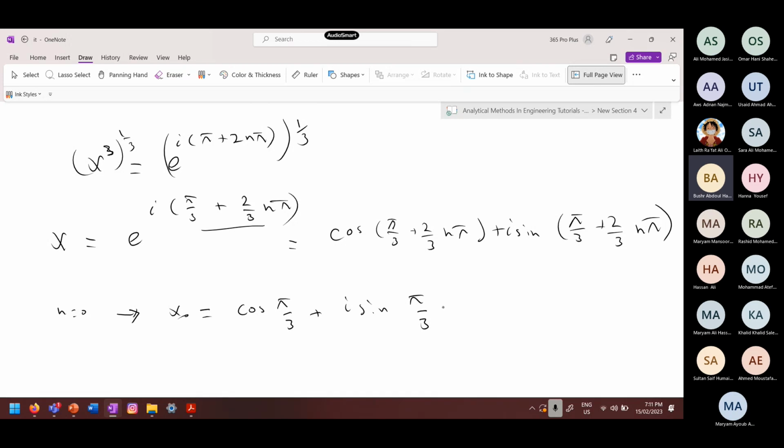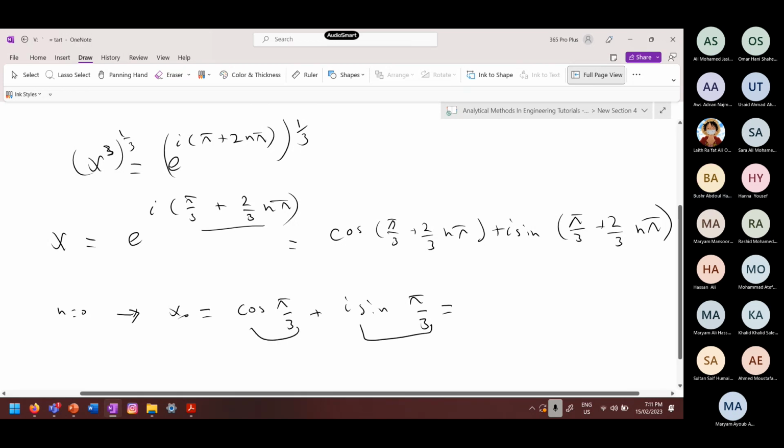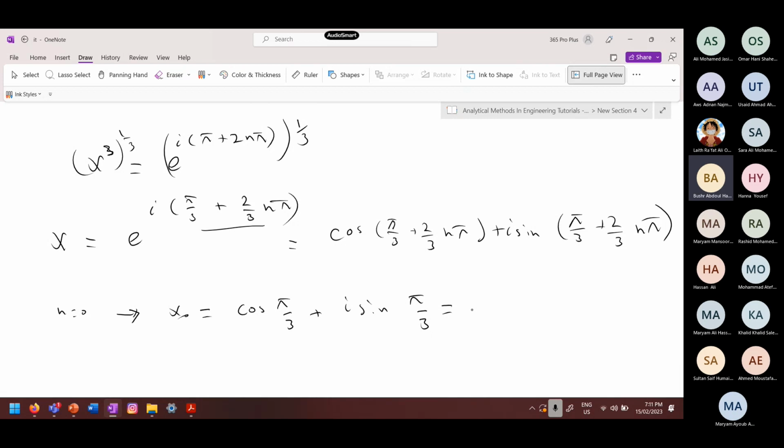Dr. Al-Sha'bi will actually give you an equation sheet where these values are written. So you'll need to substitute these values using the equation sheet that Dr. Al-Sha'bi sent you. Just check the WhatsApp.